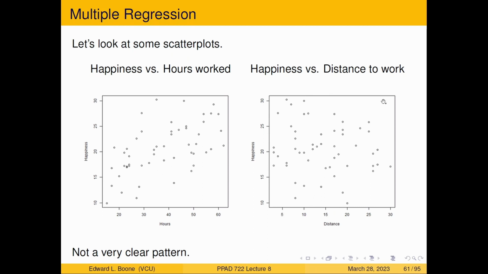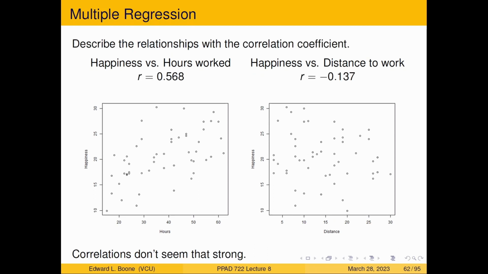Here, maybe the corners are empty, suggesting a negative relationship, but it's not really strong like we've seen in the past. We could calculate the correlation coefficients with each of these. This one is 0.568 for when we used hours by itself, and it's negative 0.137 when we use distance. And that looks like it's very weak. And even this one would be considered weak.